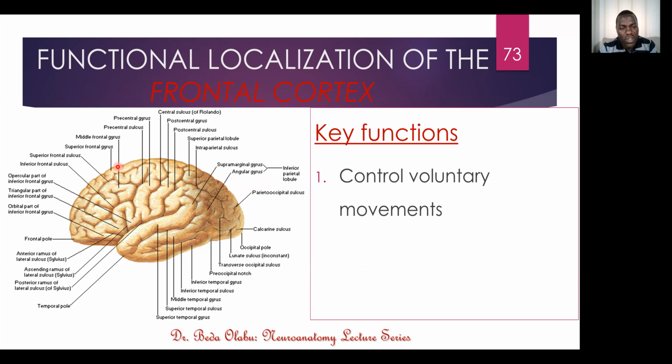Premotor area, which is on the superior frontal gyrus. Frontal eye field, which is within the middle frontal gyrus. Supplementary motor area, which is on the medial frontal gyrus. All those regions control voluntary movement. Therefore, if you injure frontal cortex, you're going to paralyze the muscle these regions control.